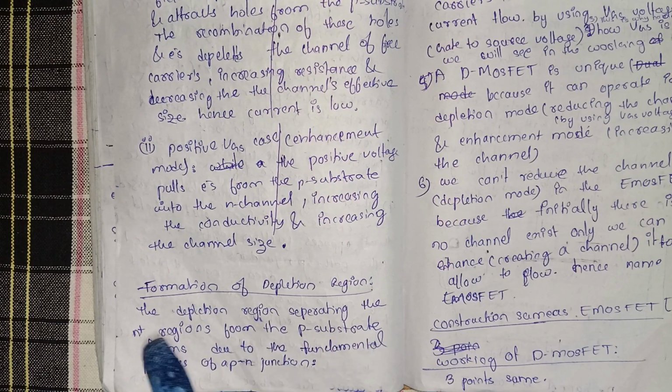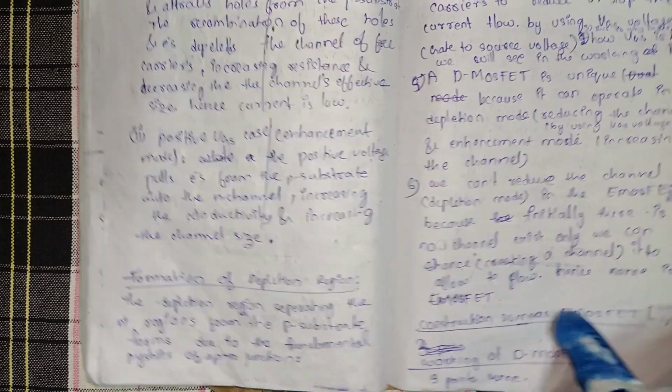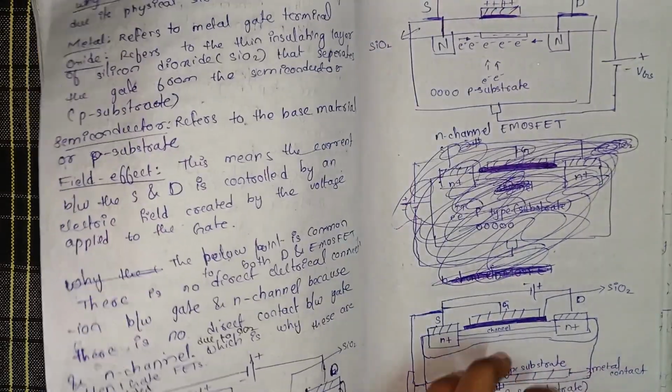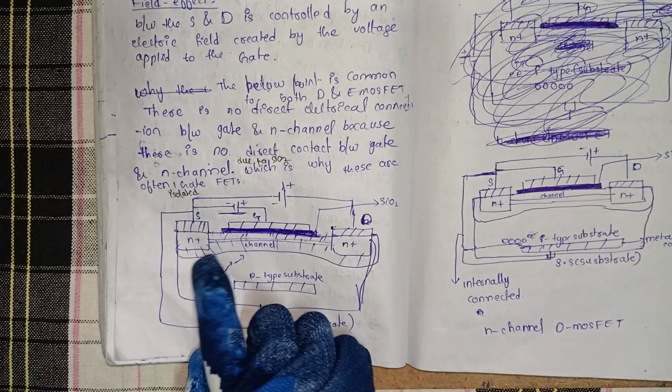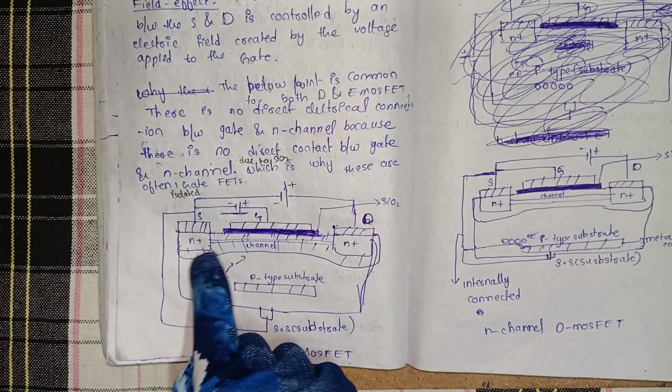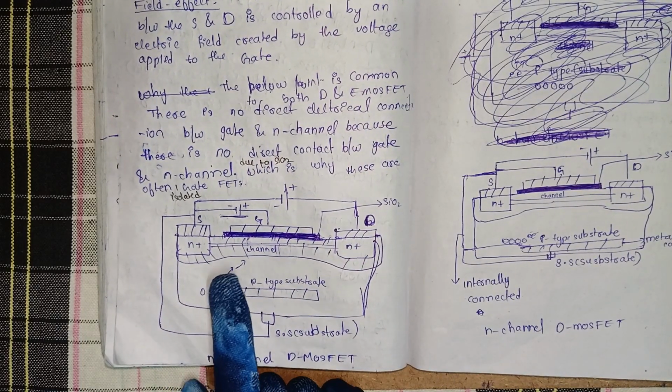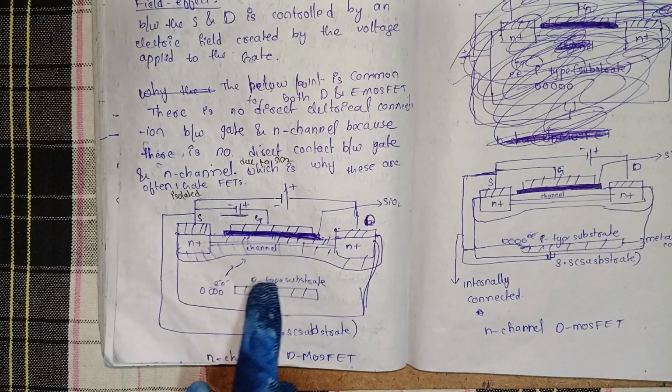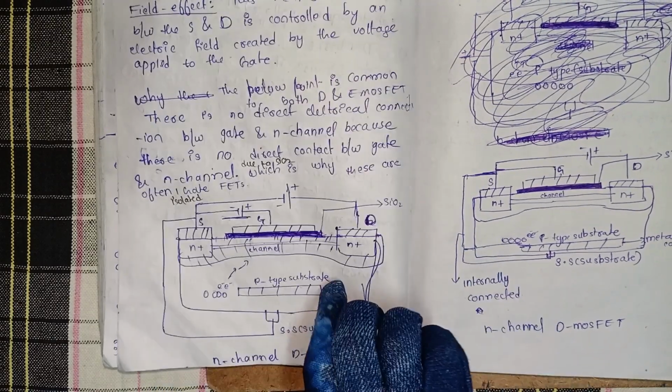The depletion region separating the N plus regions from the P substrate forms due to the fundamental physics of PN junctions. So here is the depletion region, okay. It is separating the two N plus regions from the P substrate, okay.